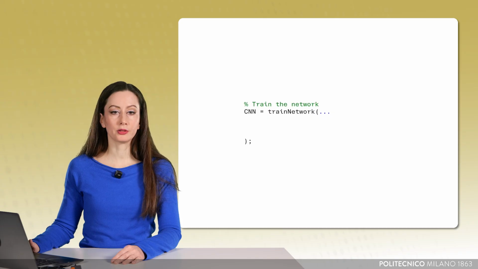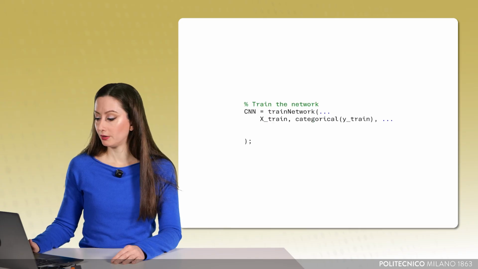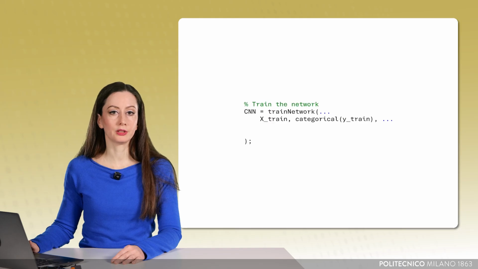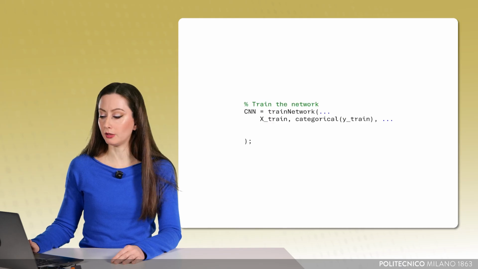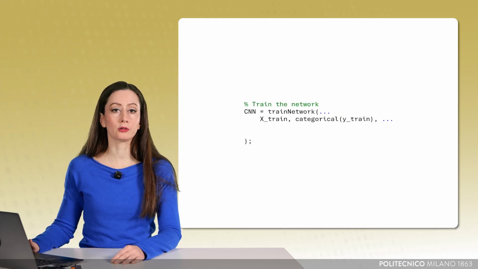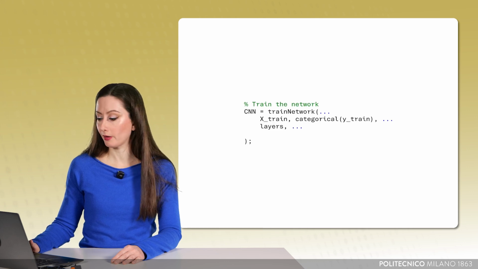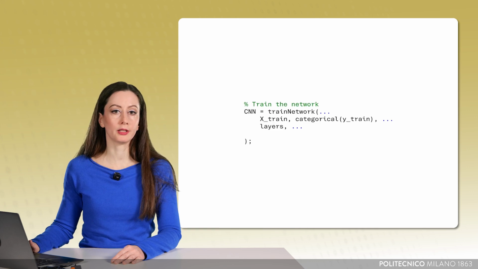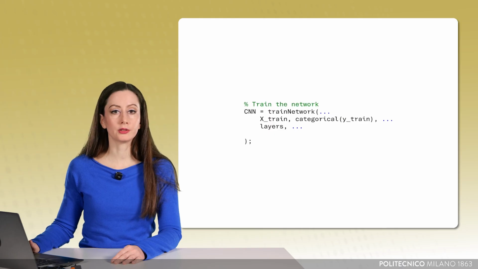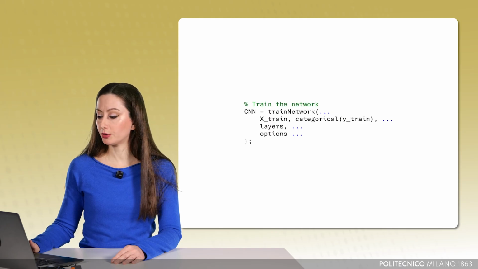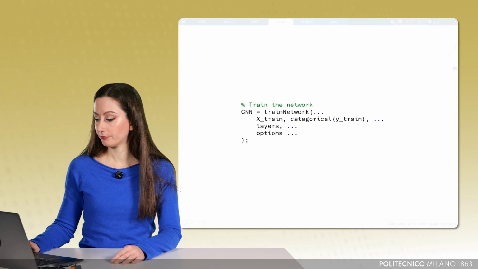The trainNetwork function starts the training process, and its arguments are the training data that consists of images contained in XTrain and their labels contained in YTrain, converted into categorical variables with the function categorical. We then have the architecture of the network defined in layers, and the training options defined in options.